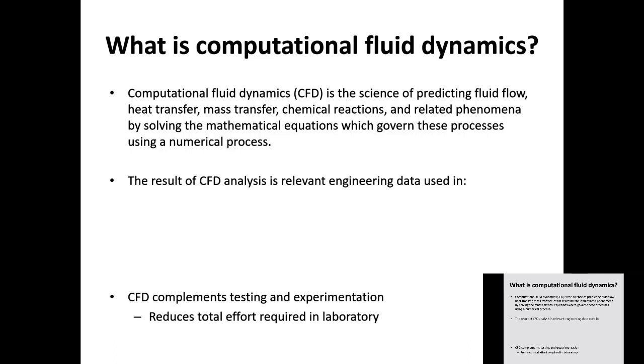So CH4 plus O2 will give you CO2 plus H2O. So that's a chemical equation. That chemical equation is embedded in the CFD code, okay, for combustion. In addition to X, Y, Z coordinates, U, V, W velocities, and the pressures, densities, etc.